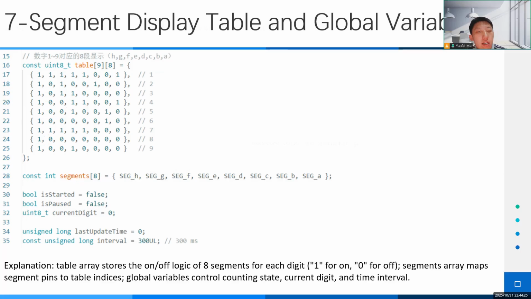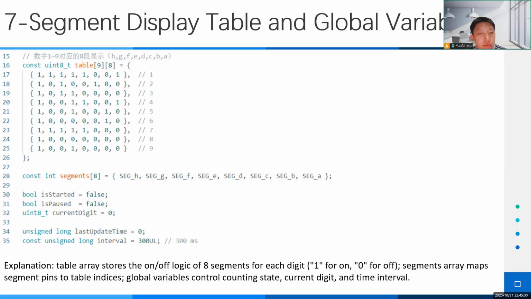Then there are global variables. Started checks if counting has started, true is yes, false is no. Passed checks if counting is paused, true is paused, false is running. Current digit, the number currently shown, starts at 0, which shows 1.